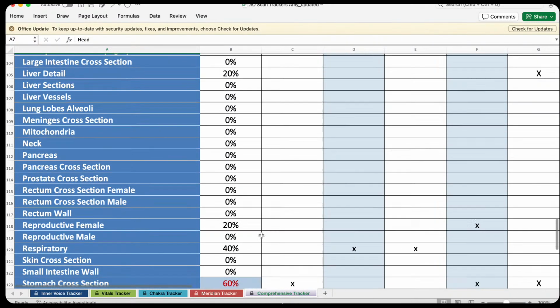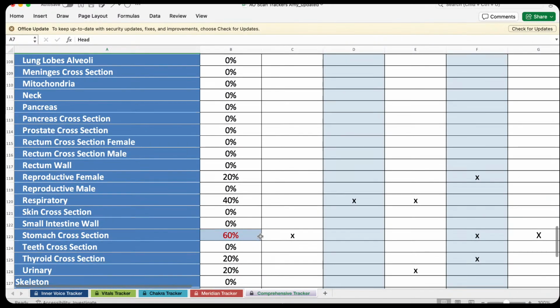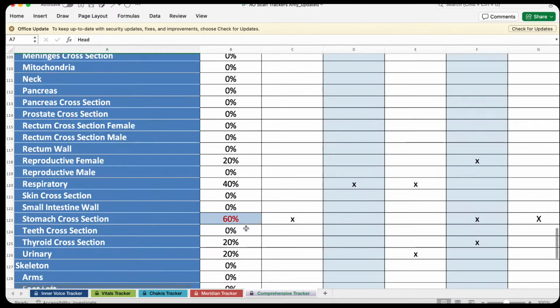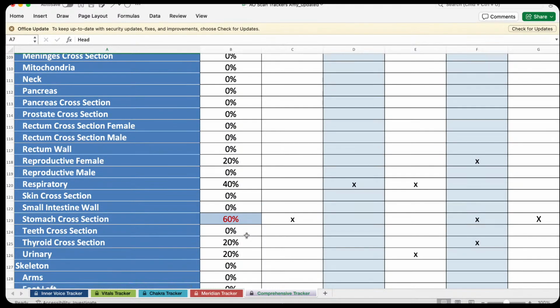All right, the stomach cross section is showing up. That's digestion. I don't need to isolate that and make a big deal and say, well, it's the stomach. No, it's the digestive system. The digestive system is a large area, and unless we are a surgeon, we're not going to be dealing with it differently. We're not going to be doing something different for the stomach than for the large intestine.